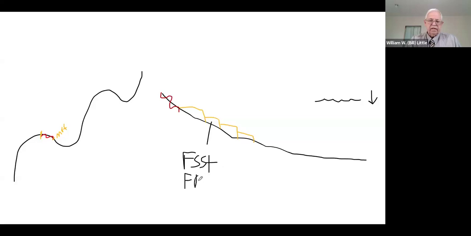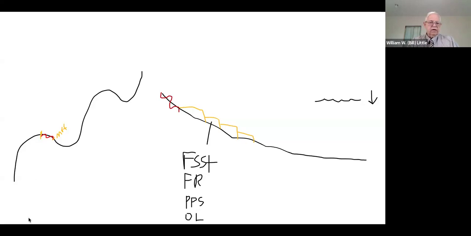I'm just going to abbreviate things here. It's represented by a progradational parasequence set that offlaps from the prior parasequence.